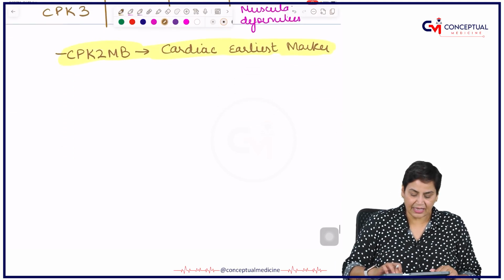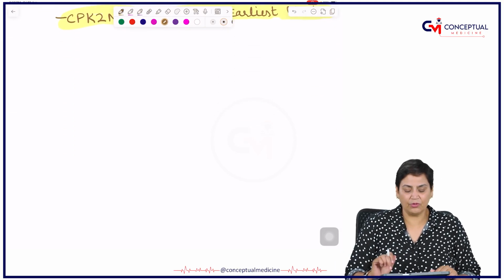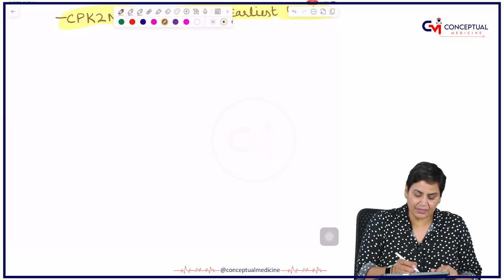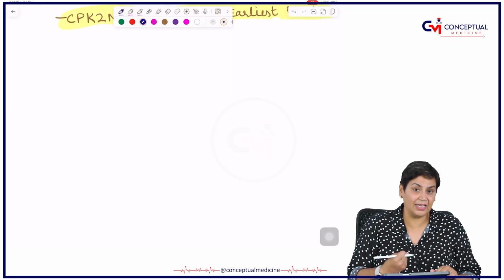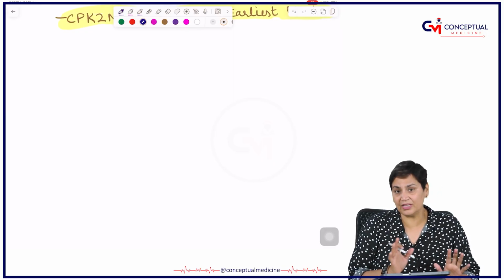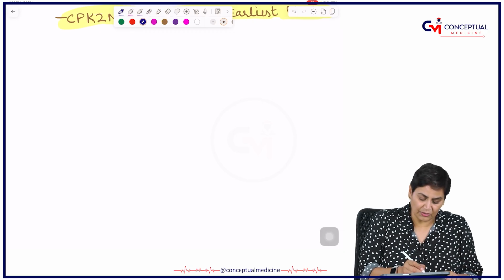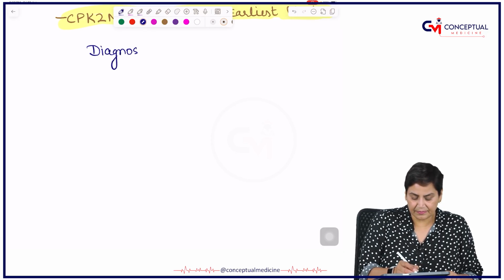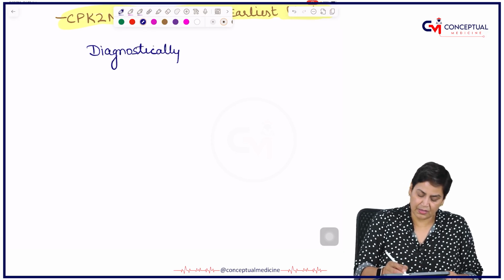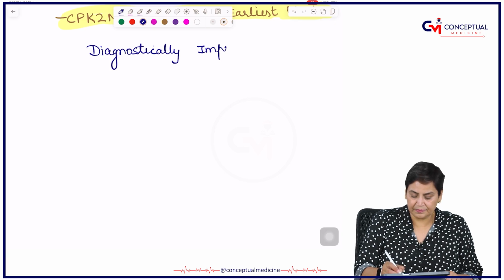Then after discussing isoenzymes, we come to the last topic in enzymes: what are diagnostically important enzymes? So I'll just give you a list of the enzymes which are actually very, very important. So, diagnostically important enzymes.